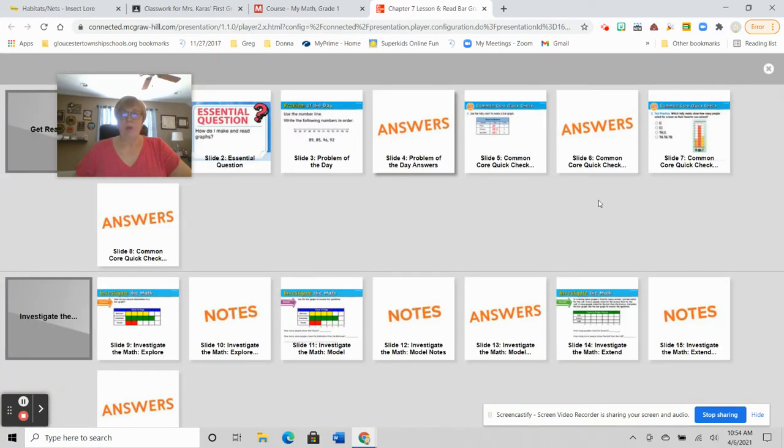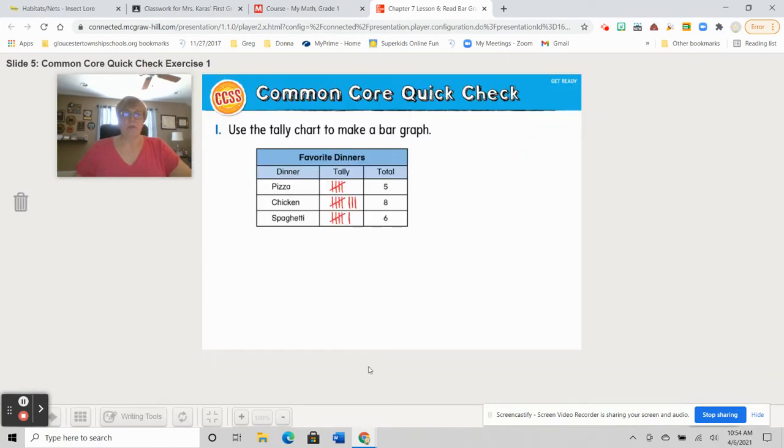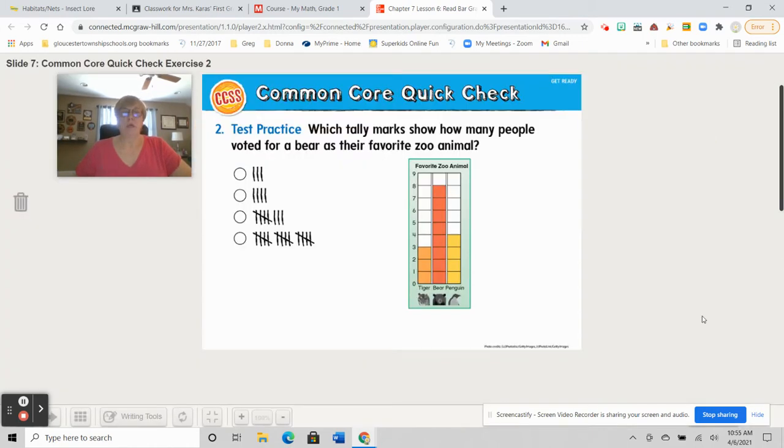Okay, now our next one. Our next little work here is look at the favorite zoo bar graph. Okay, and they have a tiger, bear, and a penguin. They would like you to decide which tally marks show how many people voted for a bear as their favorite animal.